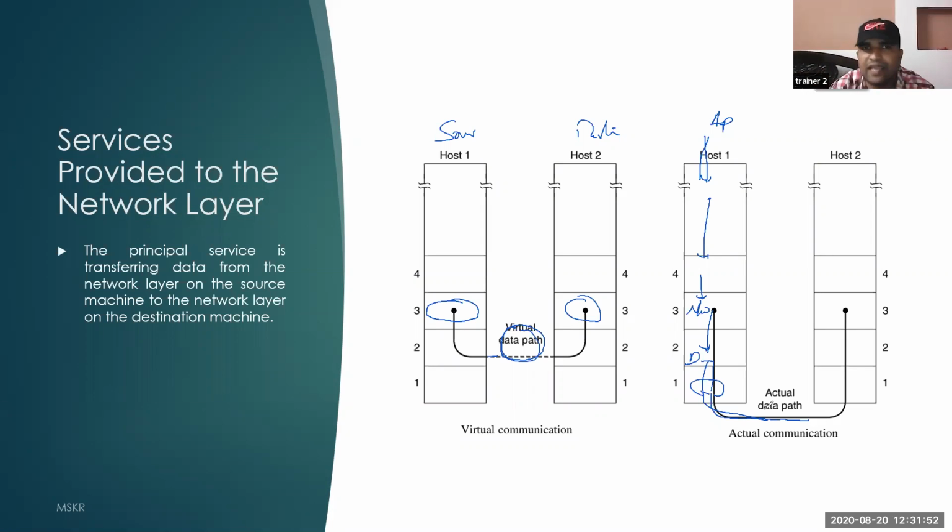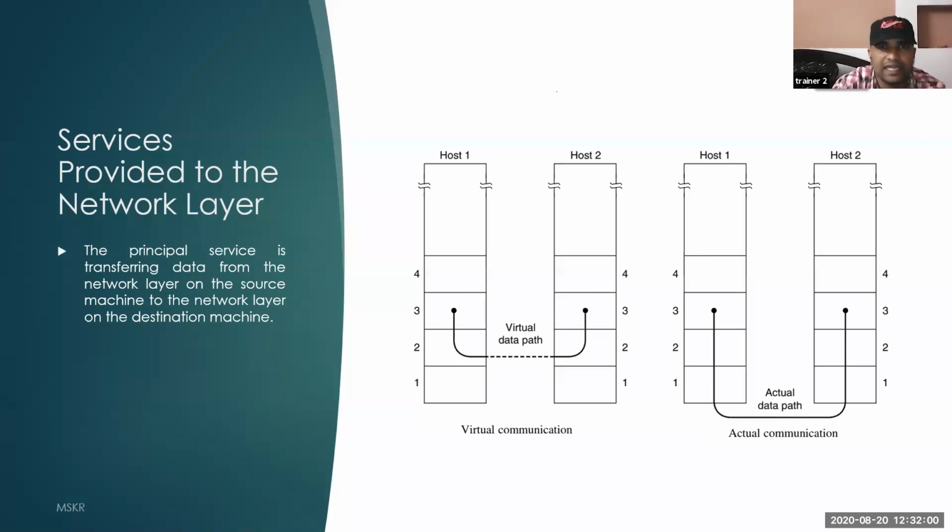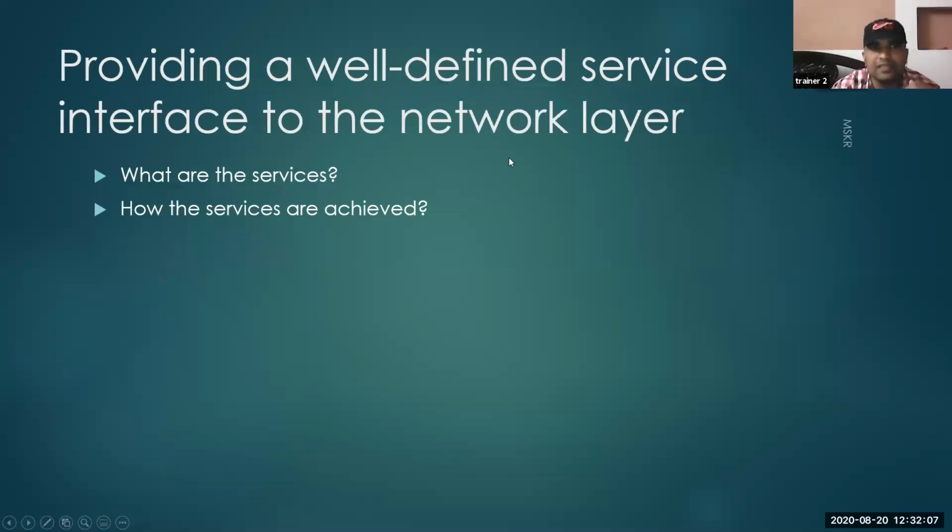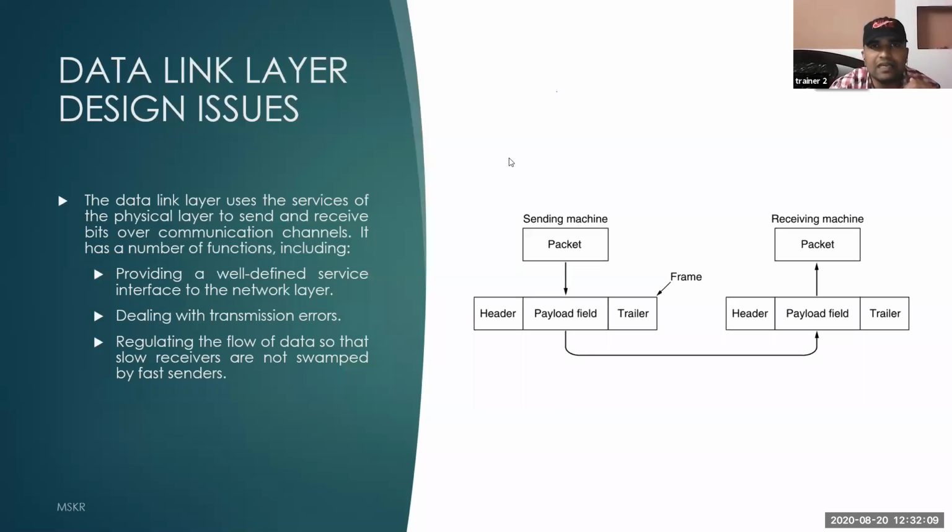The same hierarchy is implemented in our software communication, that means in our network communication. To make sure that the network layer does not worry about the bottom things, the data link layer has to provide a well-defined service interface to the network layer.